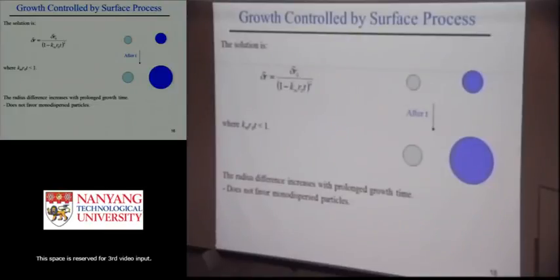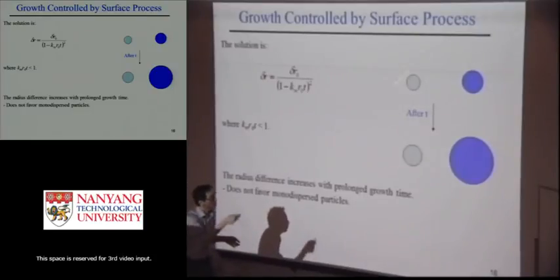The nanoparticle is used for certain applications, and that property has to be defined. The property of the nanoparticle directly relates to the size. Of course, you want a uniform size nanoparticle. But in this case, when t increases, you become non-uniform, and the property also becomes not uniform. That's not what we want.